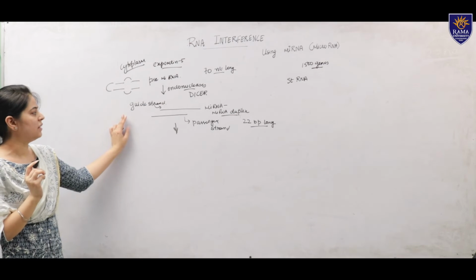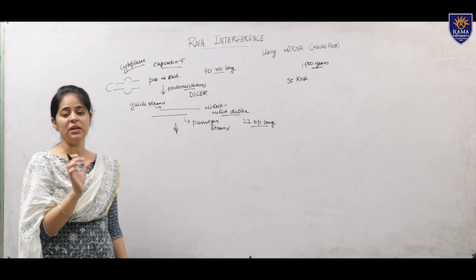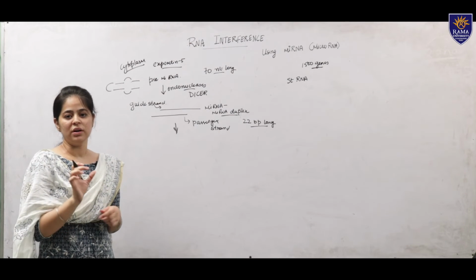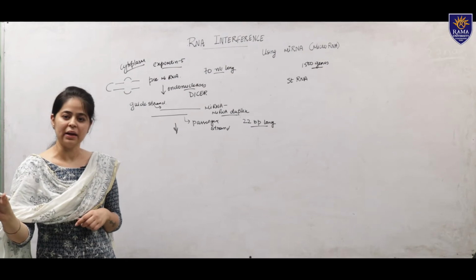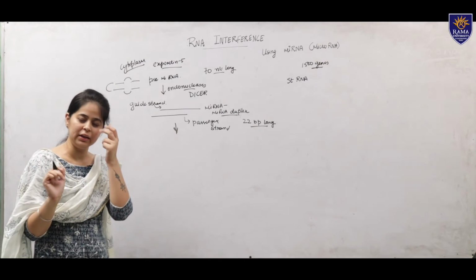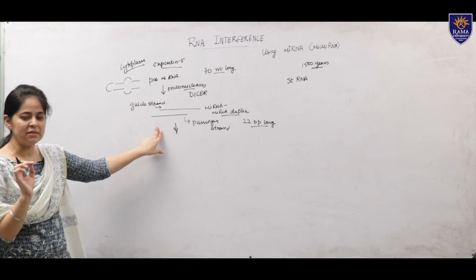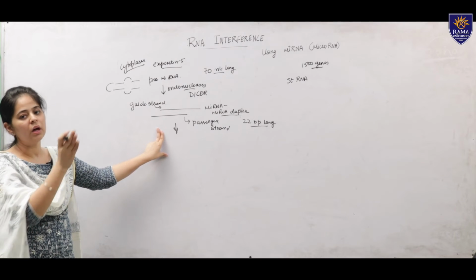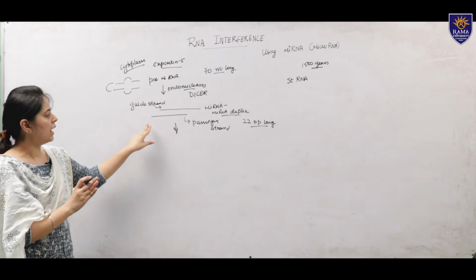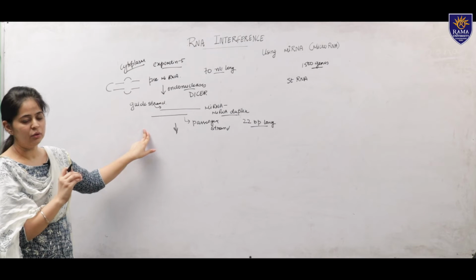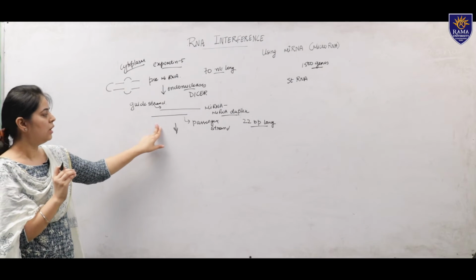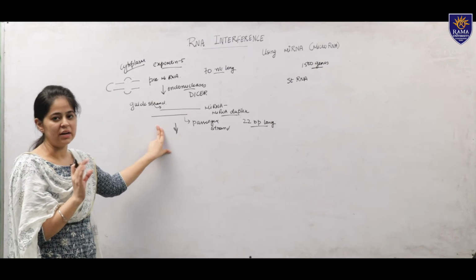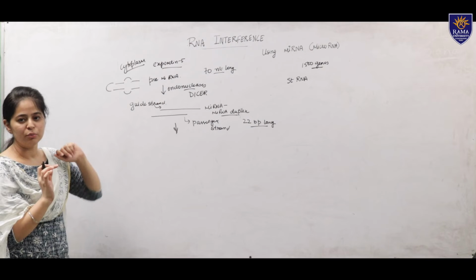This is known as the guide strand because it has a sequence which will allow us to guide to the mRNA which is to be degraded, and this is a passenger strand because it has allowed the miRNA to come out of the nucleus, and it is now ready to be degraded. The passenger strand is not of any use now, so it has to be degraded.